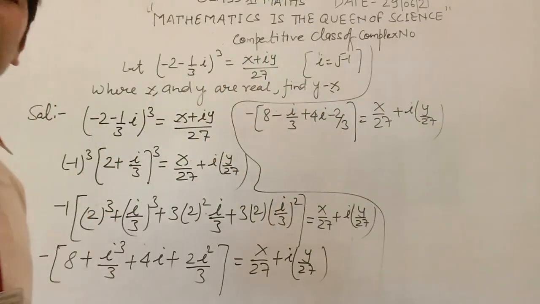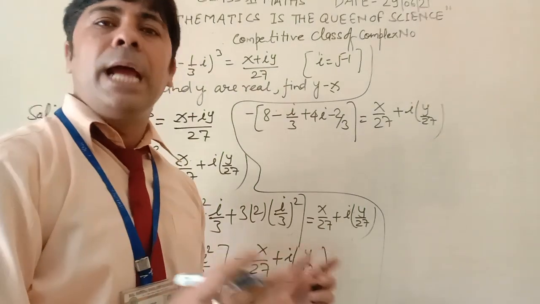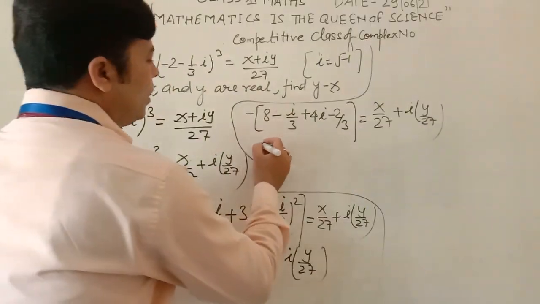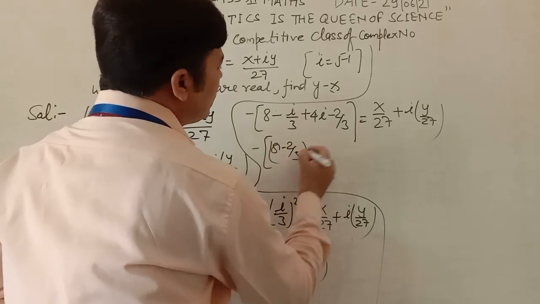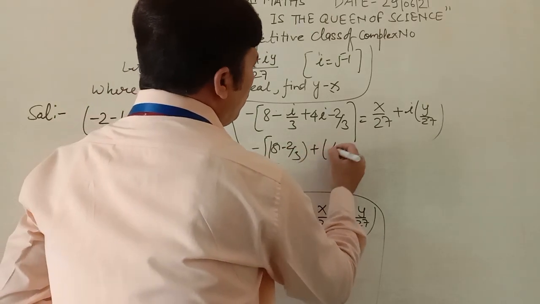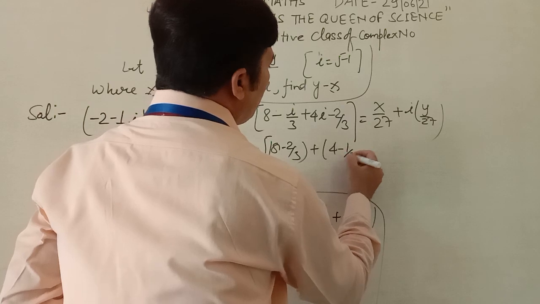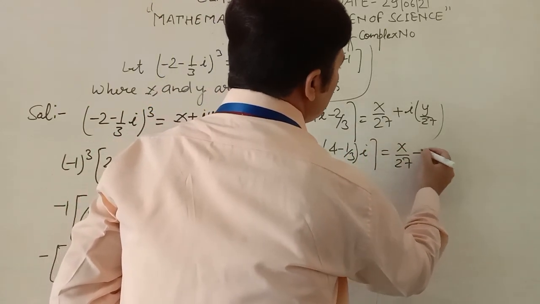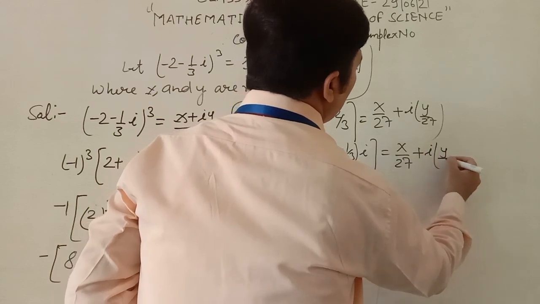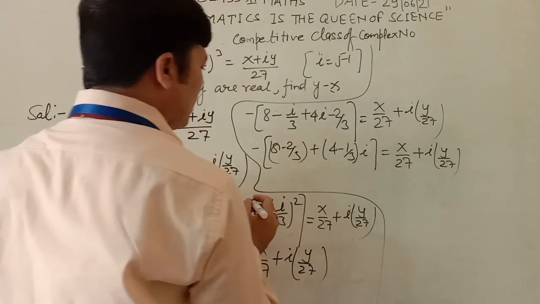Taking out the real part together and the imaginary part together, you will get 8 plus 2 upon 3 plus 4 minus 1 upon 3 i is equal to x/27 + iy/27.